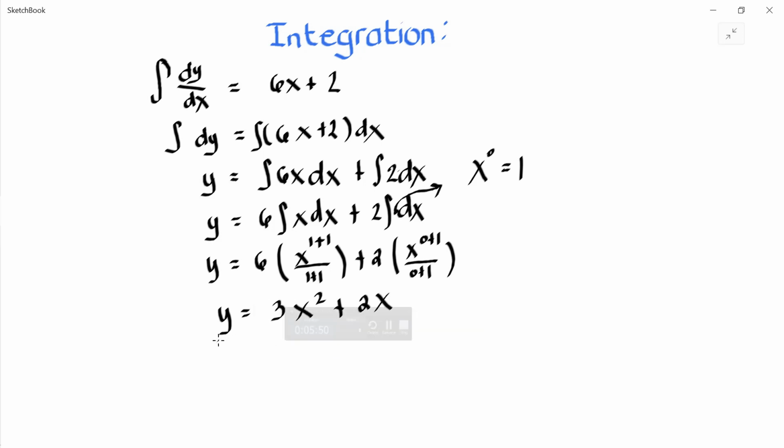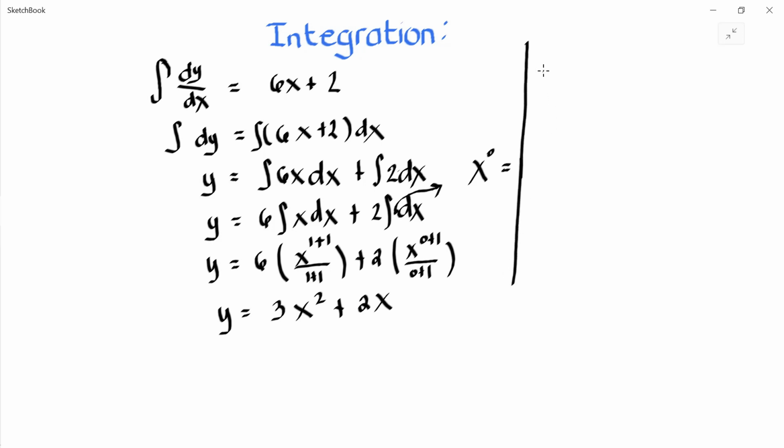And if you observe, this is the original function that we differentiated. Therefore, this is not the actual answer. So how can I say that?